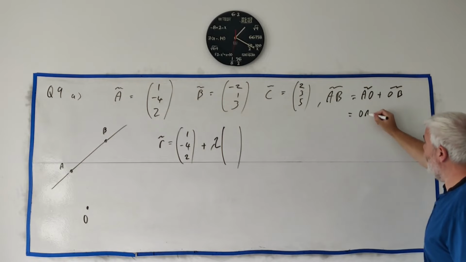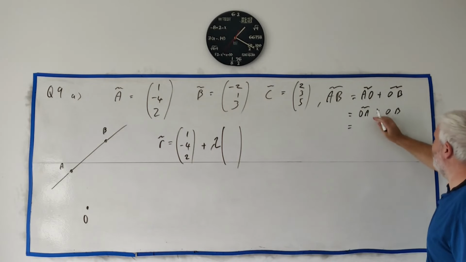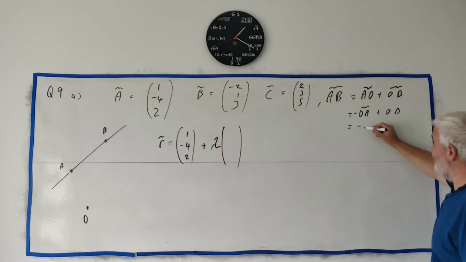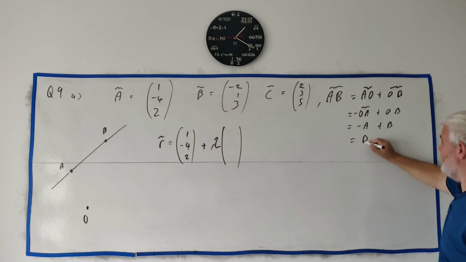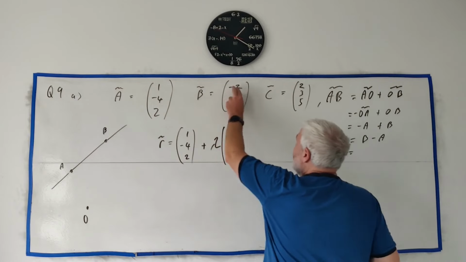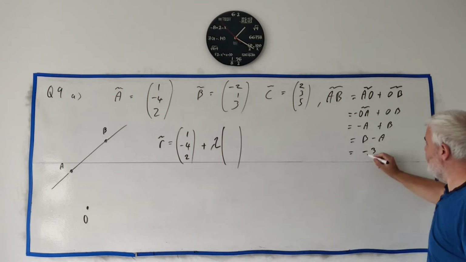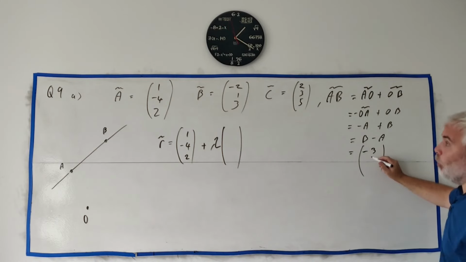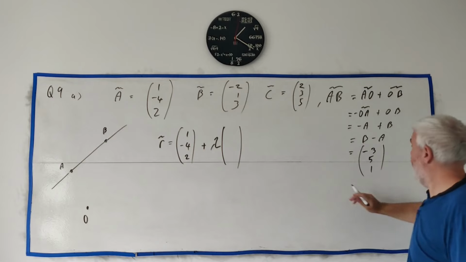AO is the same as minus OA, which is the same as minus A plus B, or as I'm sure you probably see it, it's just B minus A. In this case, minus 2 minus 1 is minus 3. 1 minus minus 4 is 5. 3 minus 2 is 1.